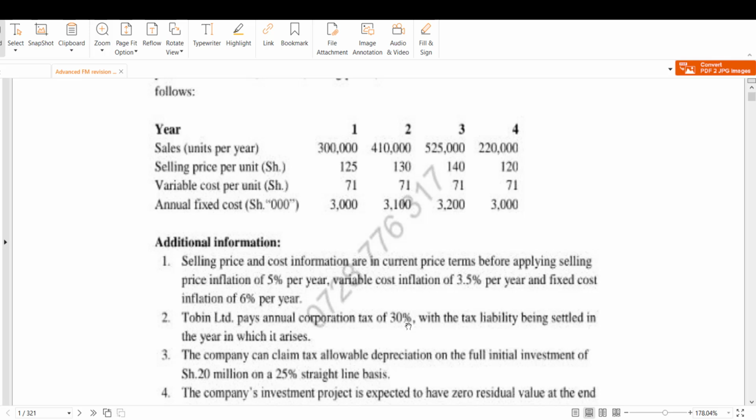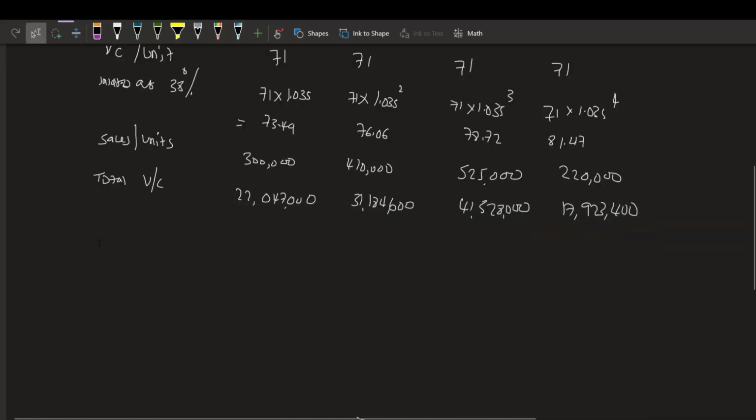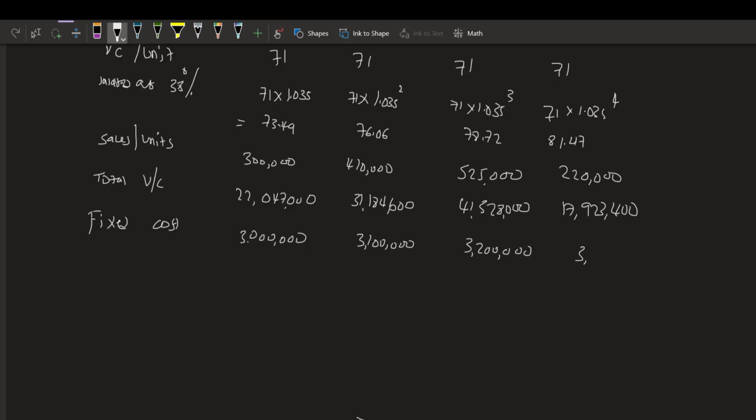So we do the same thing. We take the fixed costs: 3 million, 3.1 million, 3.2 million, and 3 million at year 4.